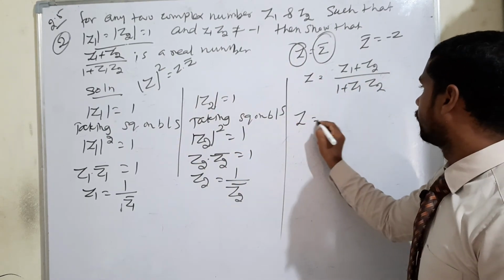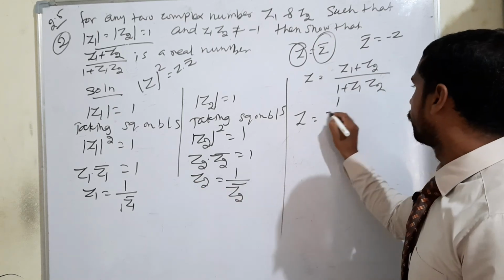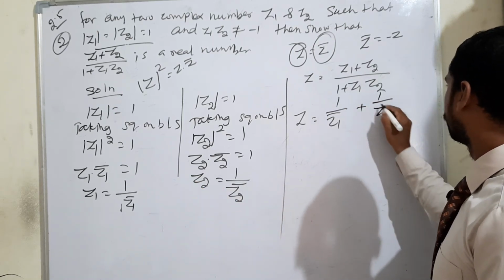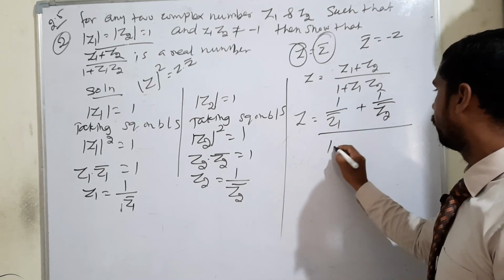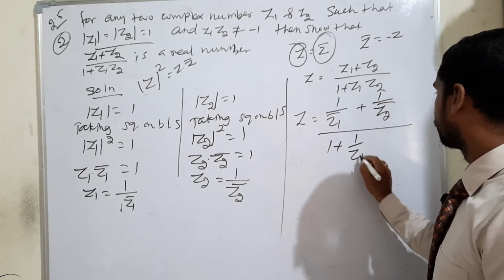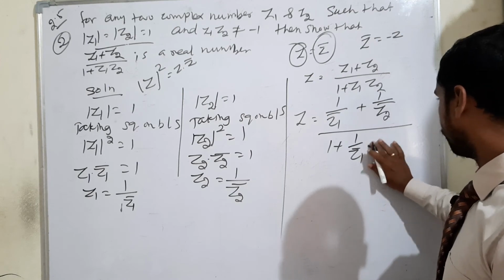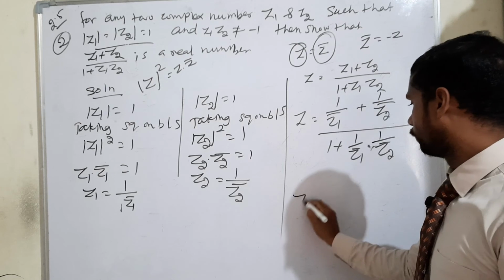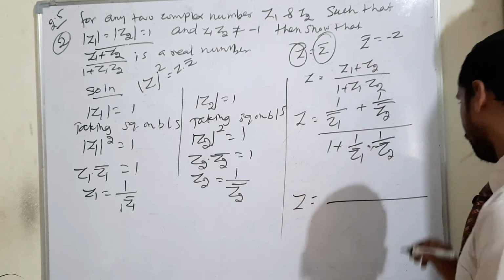So z is equal to, with z1 equal to 1 by z1 bar and z2 equal to 1 by z2 bar, the whole term divided by 1 plus 1 by z1 bar into 1 by z2 bar. Now we have to do something.